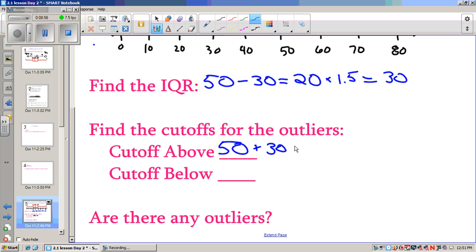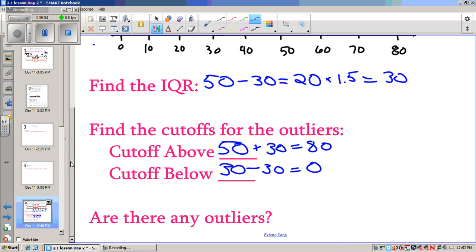So add our 30 to it, and our upper cutoff, or our cutoff above, is 80. Same thing, we're going to start with our first quartile below, which is 30, and subtract it from it. So we're going further away from the box by adding to the right side of the box and subtracting from the left side of the box. When we do that, 30 minus 30 happens to be 0. So there's our cutoffs, and what those cutoffs mean is that any number in our data set that is larger than 80 or smaller than 0 is considered an outlier.